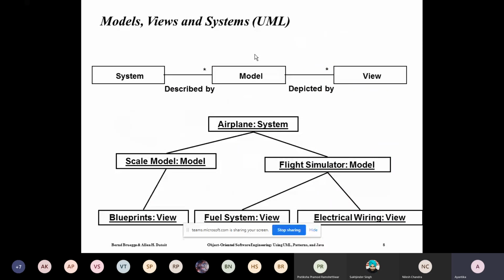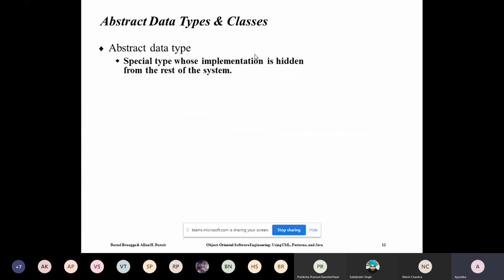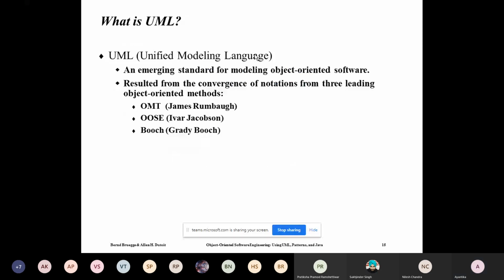There is also a discussion of the differences between diagrams like the class diagram and the activity diagram, how they are marked in UML, and what data types and classes are supported in UML.